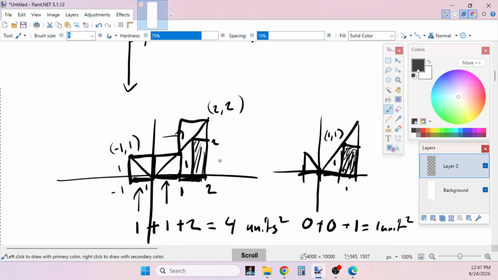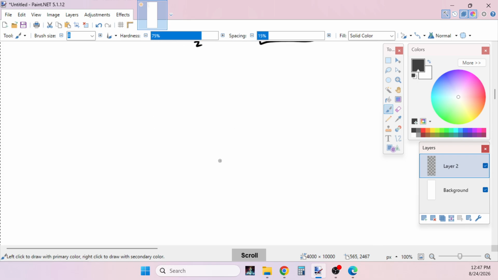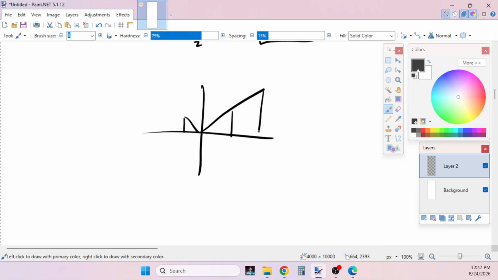So let's draw a picture of what I mean. I have used 3 rectangles to find the area between the graph and the x-axis. This is the area I want. I approximate it by making 3 rectangles and adding them together.